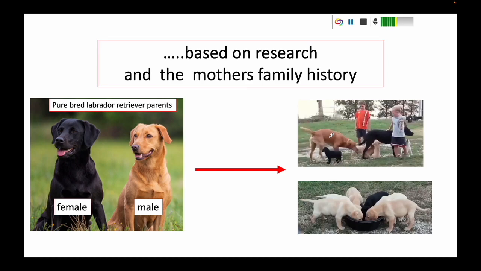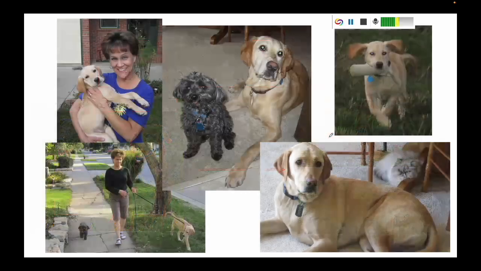And as it turned out, we became so enamored with the puppies that we adopted one of them, purchased one of them, Winston, and not just because of his yellow coat color, but because we knew Labradors had a lot of excellent genetically controlled characteristics or phenotypes that would appeal to us as dog owners. He got along great with the other animals in our family, humans included, and Winston's been a great choice for us to add to our family.